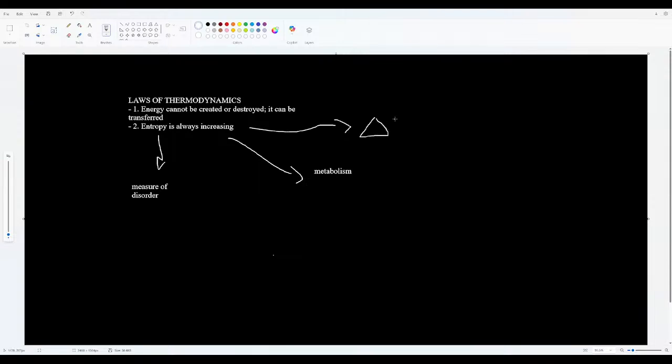We have delta G is equal to the change in heat minus the temperature times entropy. I think that's correct.